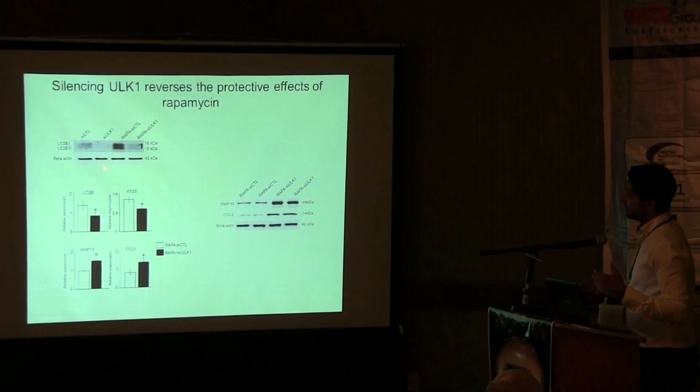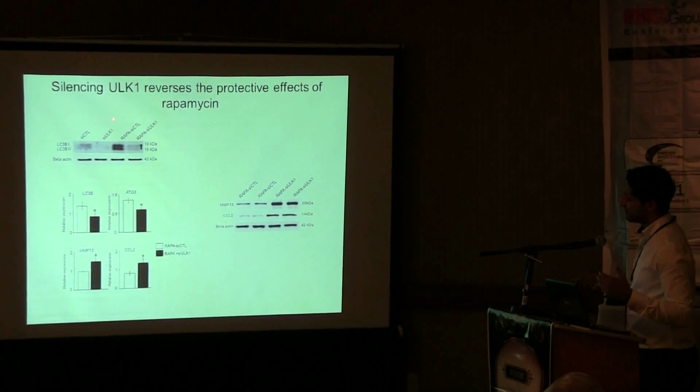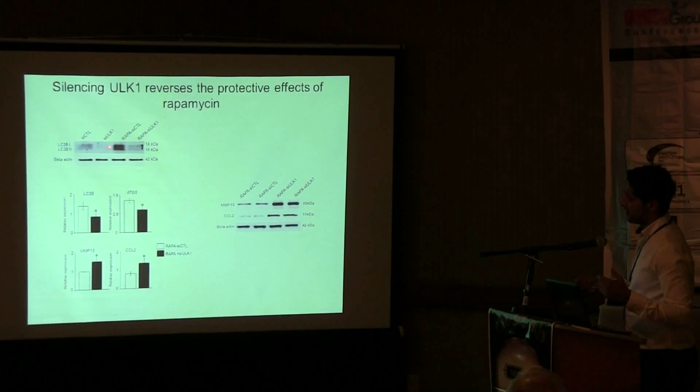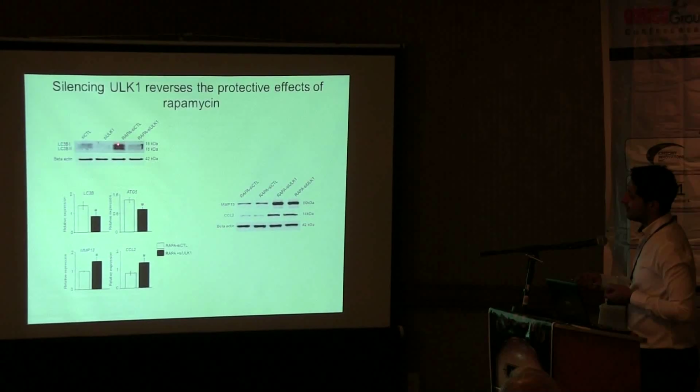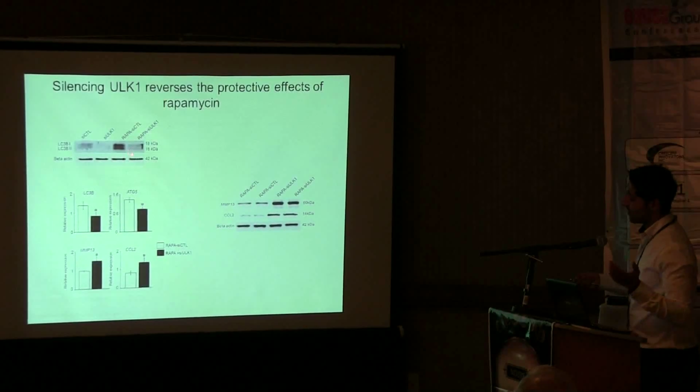Now, as you can see, this is a control siRNA, and you give the ULK1 siRNA. As you give ULK1 siRNA, you block LC3B conversion, which is important for autophagy induction. Not only that, taking rapamycin increases LC3B. However, in the presence of ULK1 siRNA, the protective effects of rapamycin are abolished.